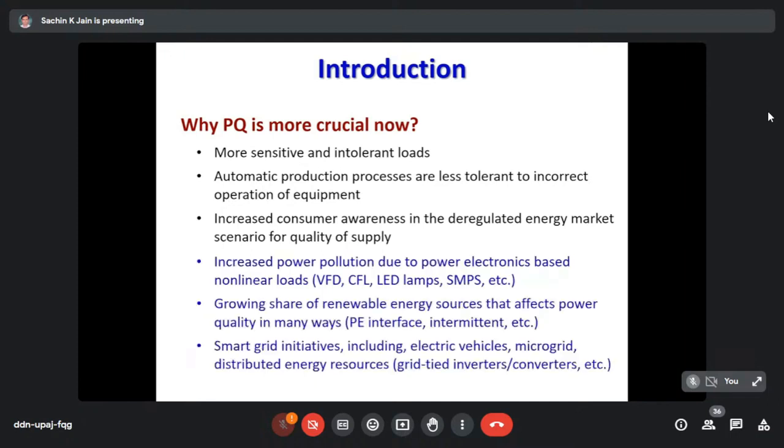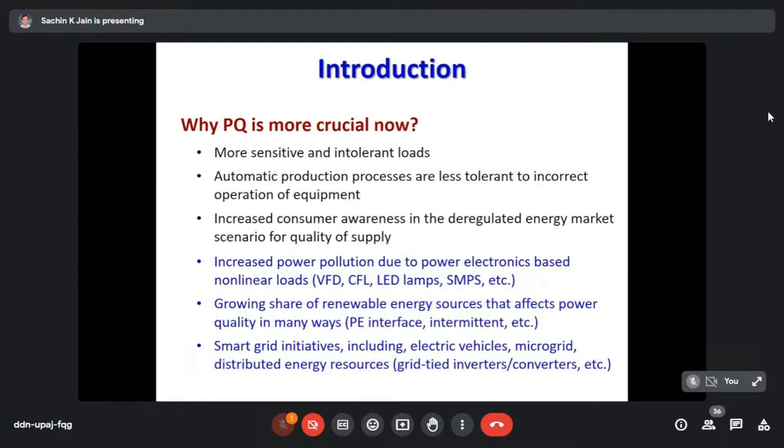Earlier, the loads were mostly tolerant, but today loads cannot tolerate. They are mostly power electronic, digital or electronic devices. They are very prone to any disturbances. Earlier, suppose we have an induction machine, if there is any voltage dip or harmonic, just losses will increase, but it can tolerate it, not the same today.